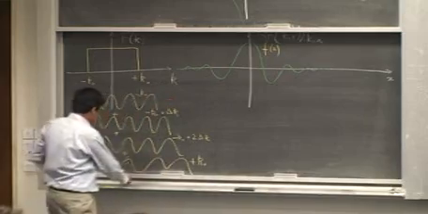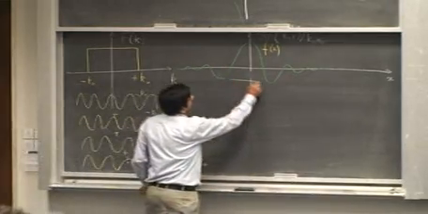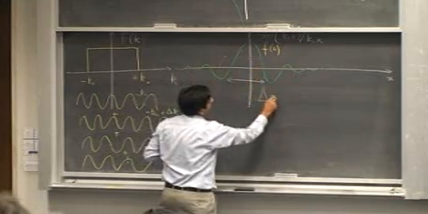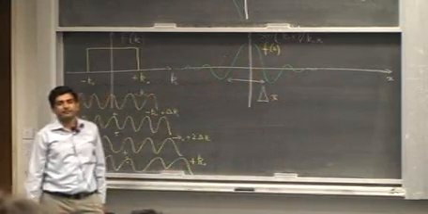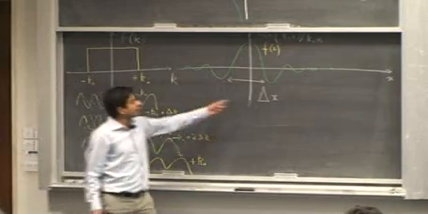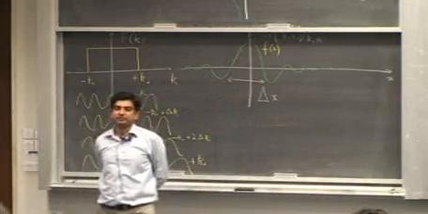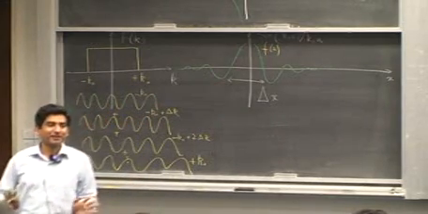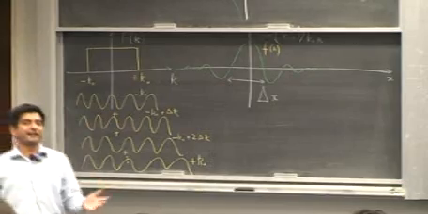Now what is the width of this pulse? If I define this width to be delta x, the pulse in the real space has a certain width. Can you find out what the value of delta x would be? It's simple trigonometry, there's no modern physics involved here. Can you find delta x, please?